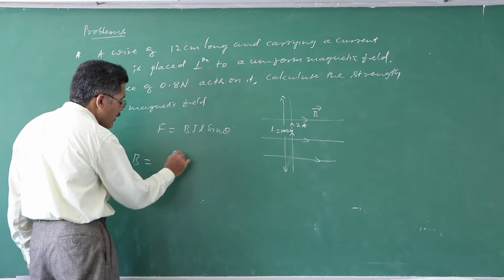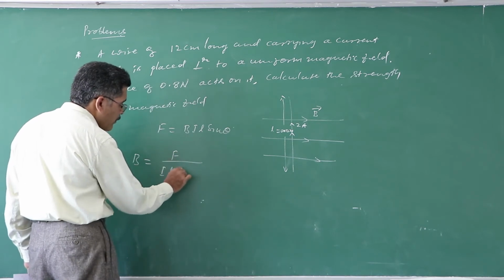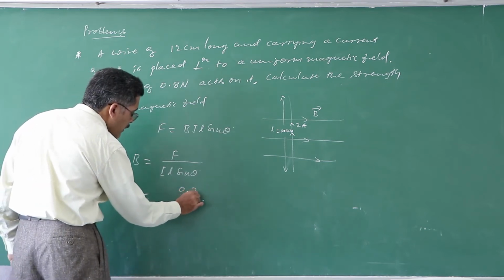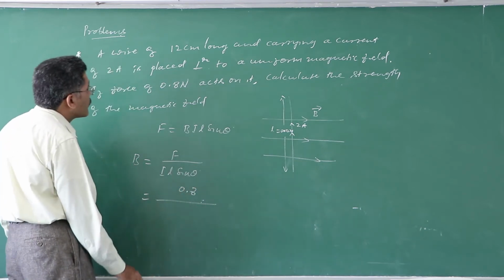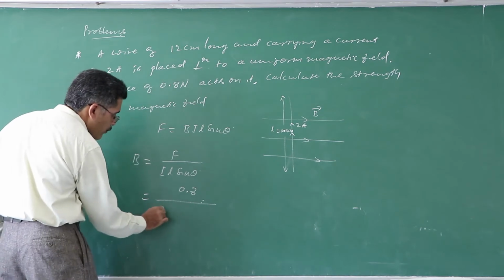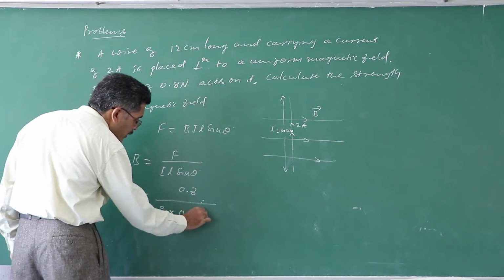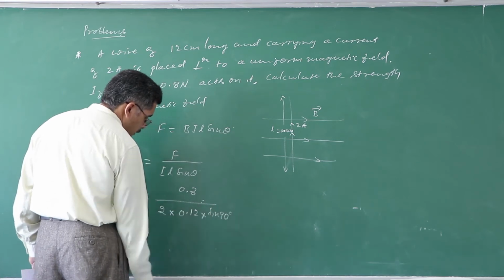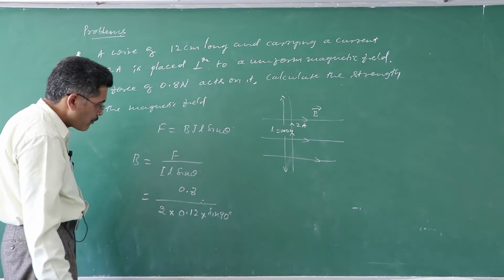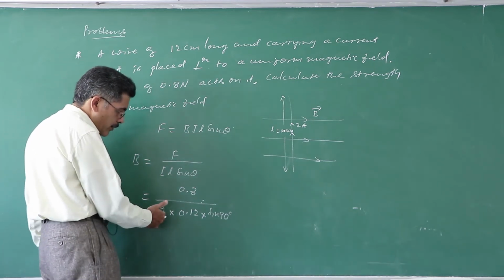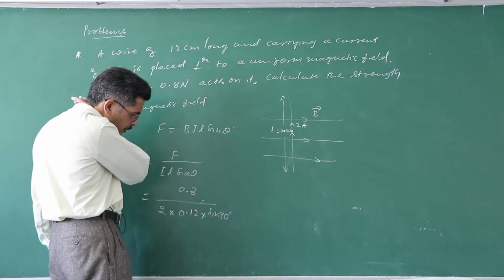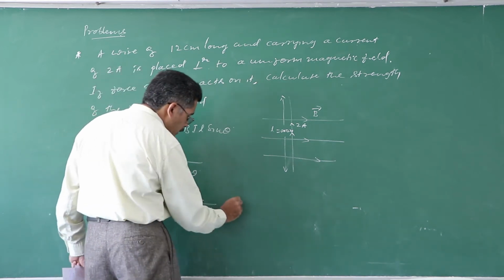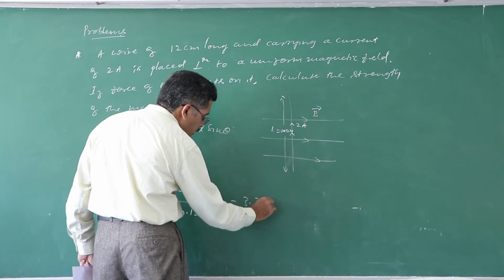B is equal to F divided by I into L into sin θ. F is 0.8, divided by current of 2 ampere, length 0.12 meter, and sin 90. This comes out to be 3.33 Tesla.